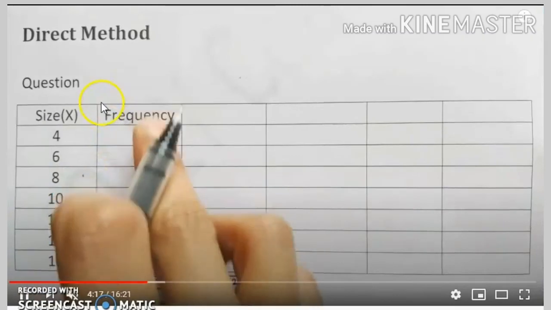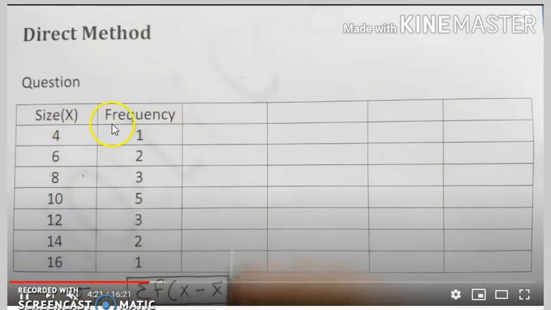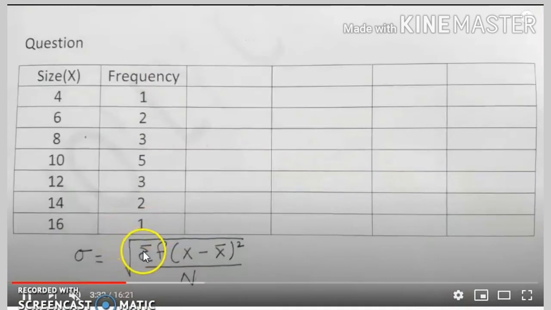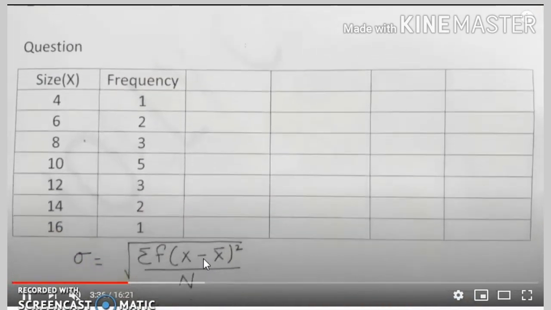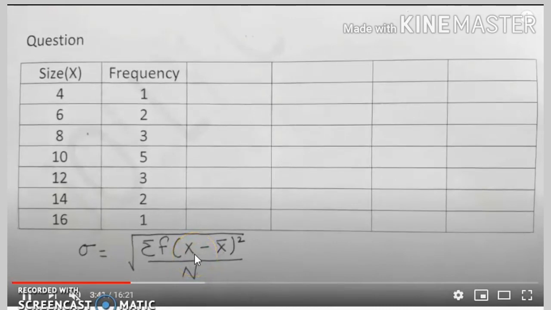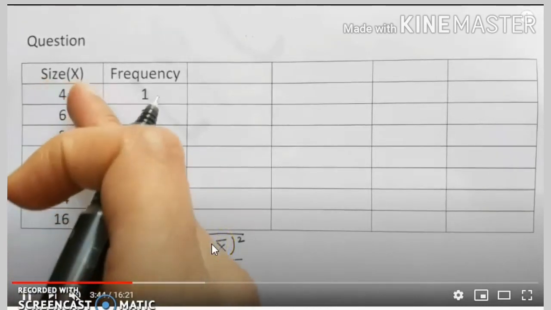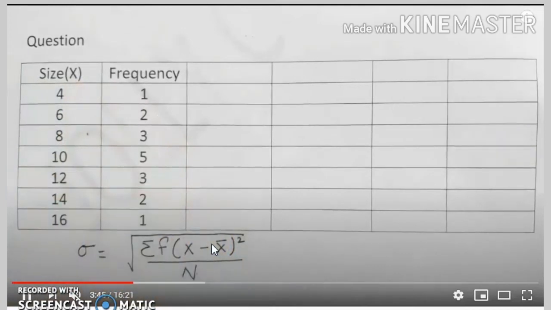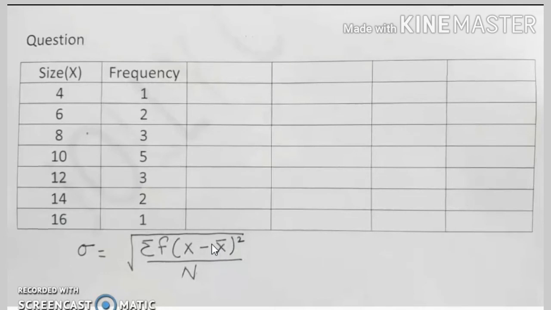So here is the question of direct method. Two columns are given, x and frequency. Sigma is equal to root of sigma f into x minus x bar the whole square by n is the formula. So here we can just write x minus x bar as x itself. We had found earlier, in the individual series, the direct method.